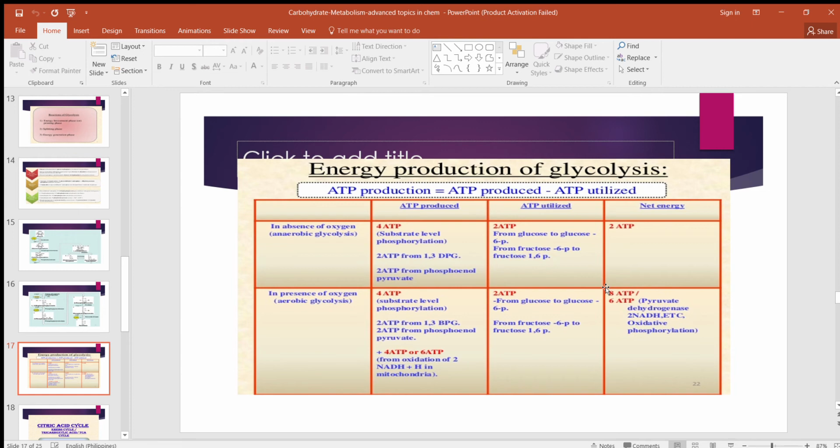The NADH and FADH2 pass electrons to the electron transport chain, which uses the transferred energy to produce ATP. As the terminal step in the electron transport chain, oxygen is the terminal electron acceptor and creates water inside the mitochondria. Yan po ang nangyayari kung bakit tayo nagkakaroon ng production ng net energy, yung anaerobic at saka yung ating aerobic glycolysis.